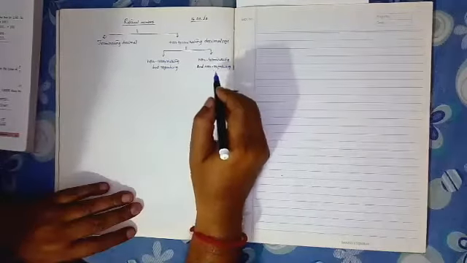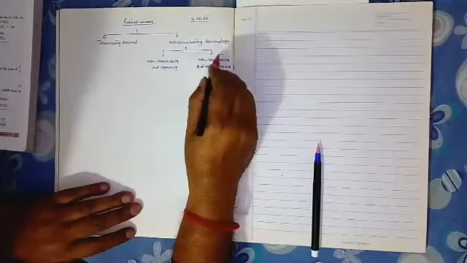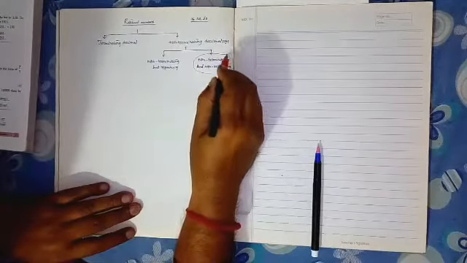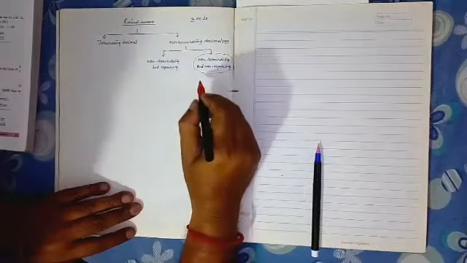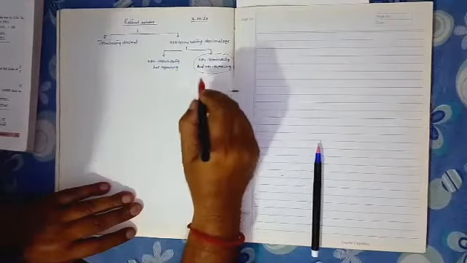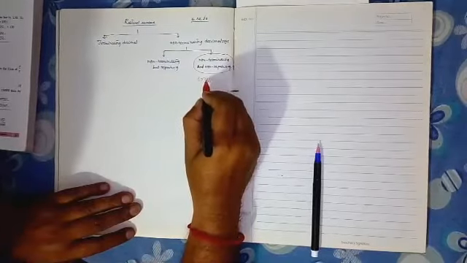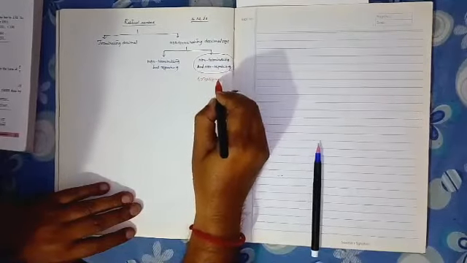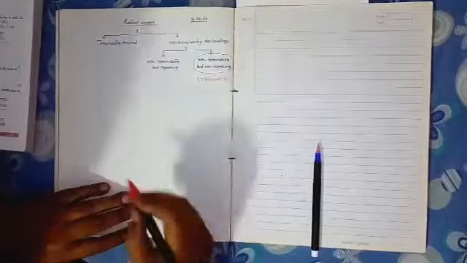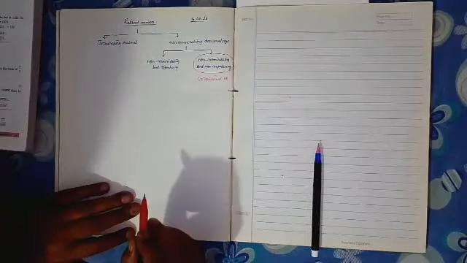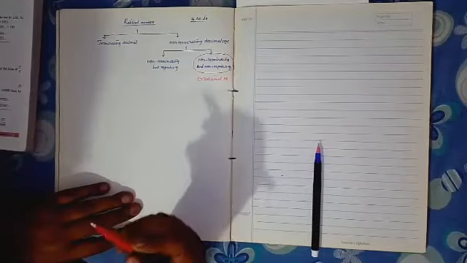Now the number which is non-repeating, this has a special name, which is irrational number. This is irrational number. Clear?